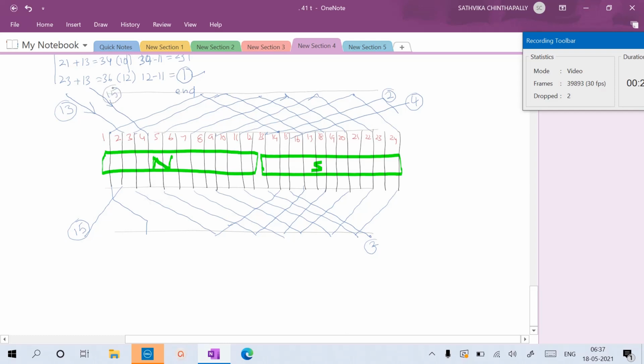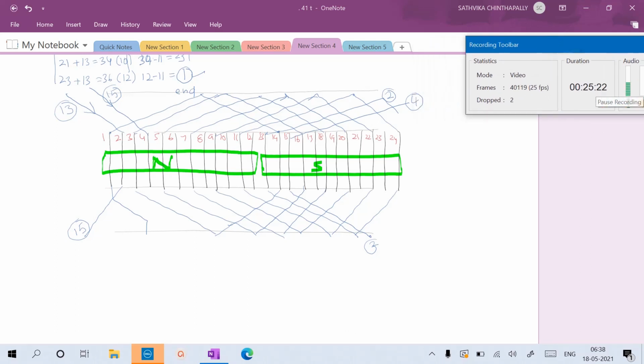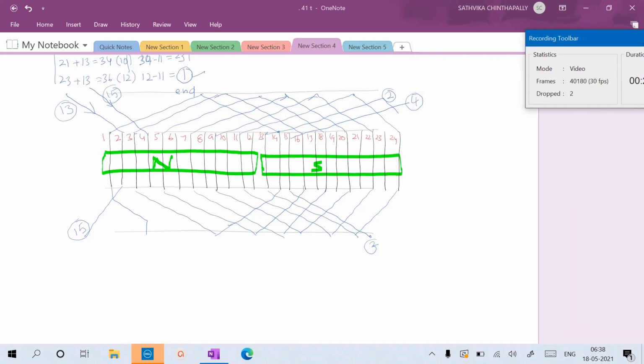Now the 15th is connected to the fourth conductor. Now we are going to connect it to the fourth conductor. Now the fourth is going to the 17th conductor.